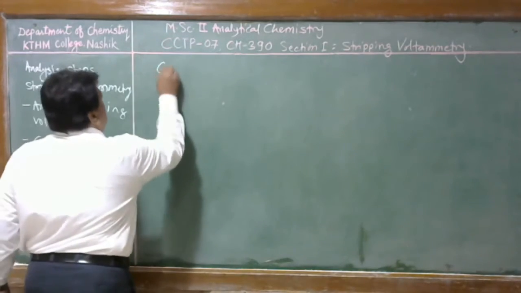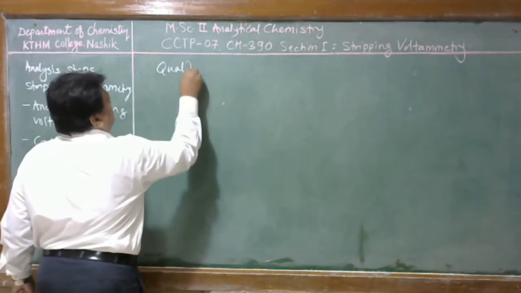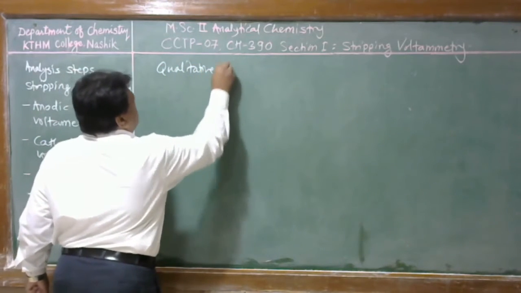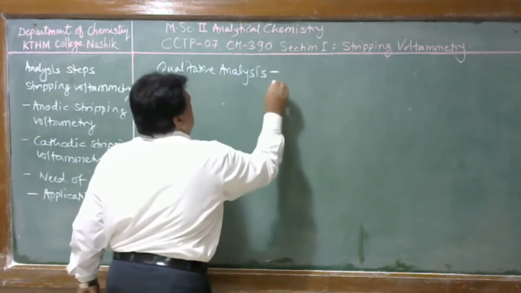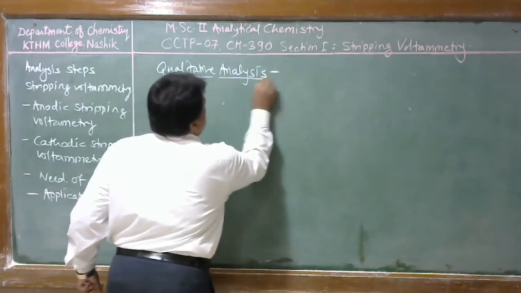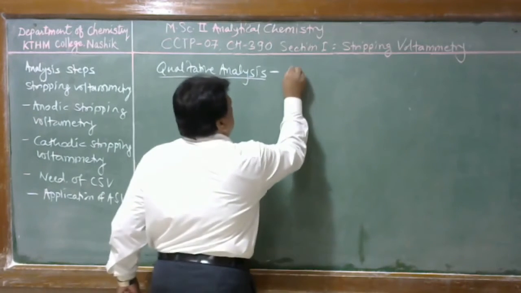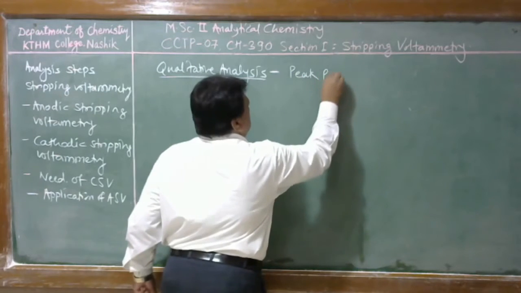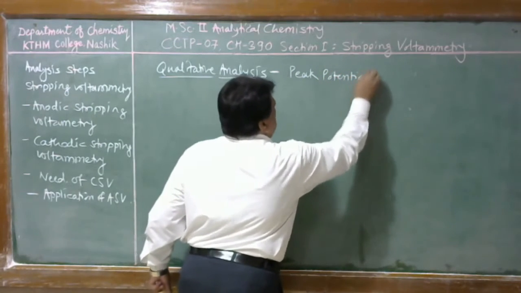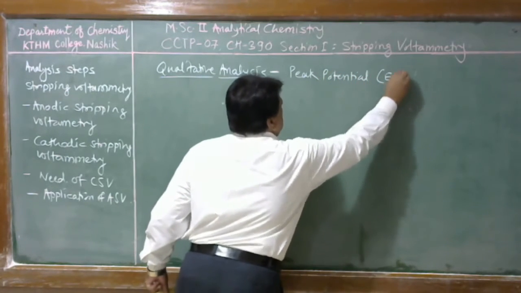Qualitative analysis in stripping voltammetry is done by using the peak potential, which is called EP.